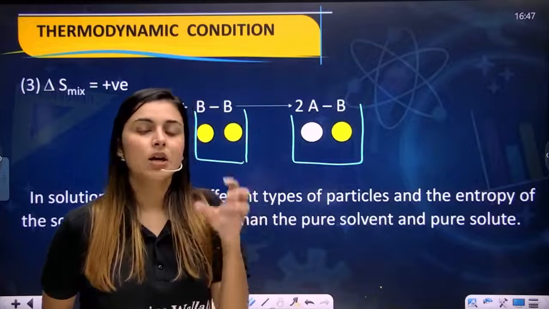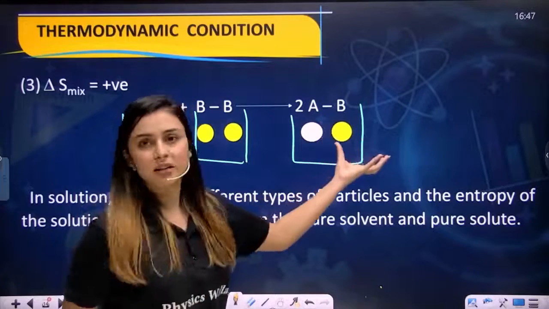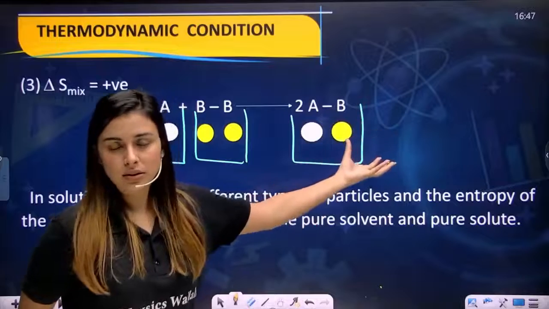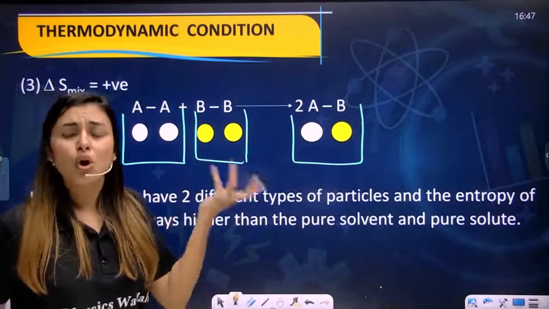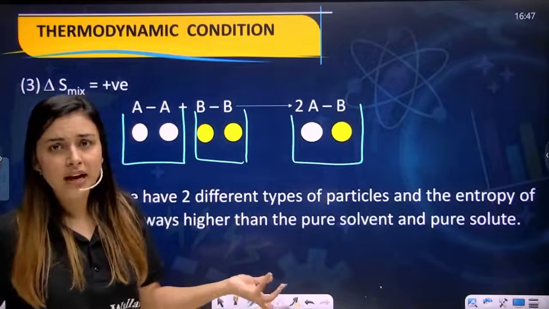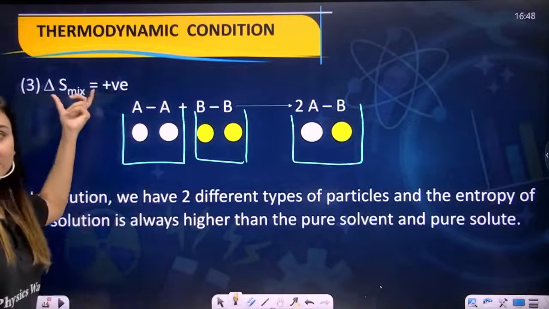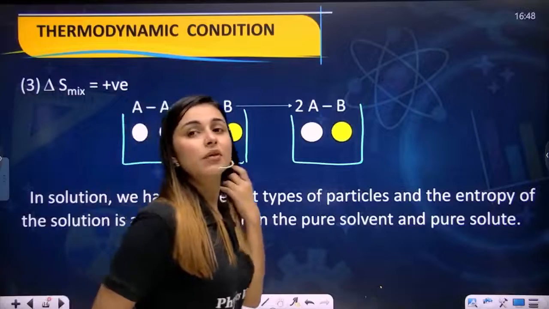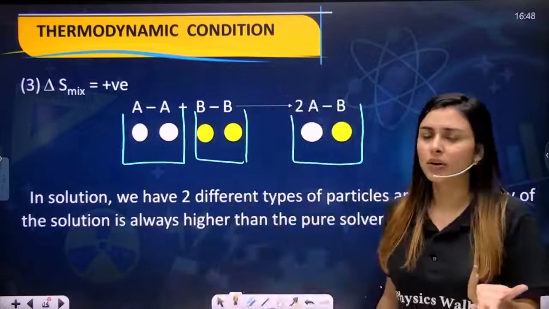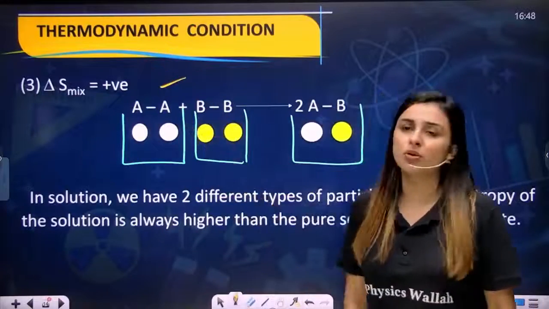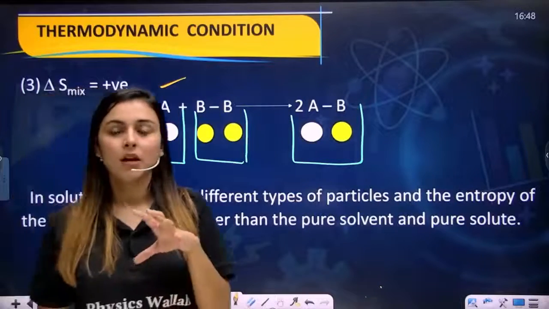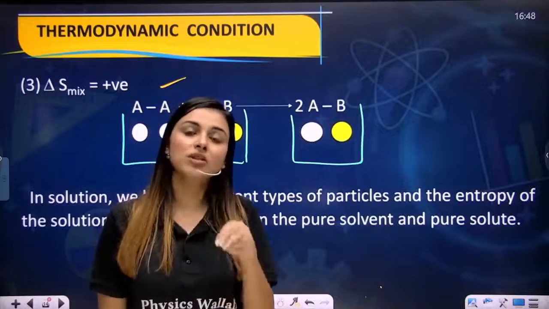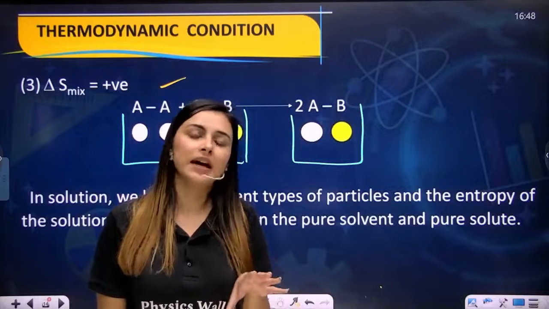So my dear students, you had randomness in your final case, but you didn't have any randomness in the starting. So we know that the change in randomness, that is delta S mixing, will always be a positive value, right? Yes. So this will always be positive because in the solution you have randomness, but in the solute and solvent part you didn't have randomness.